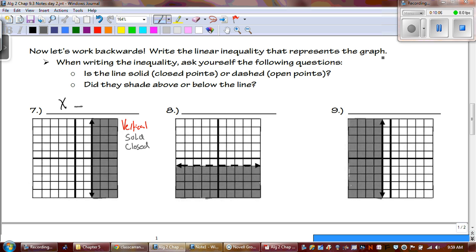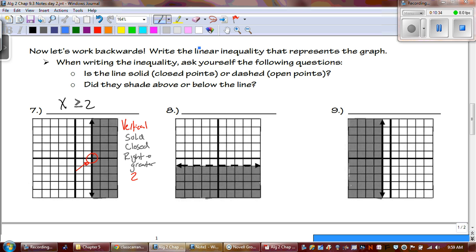Now, did we shade to the right or to the left? We shaded to the right, and that means that it is greater. So we need the greater than symbol. And then the next thing we need to do is look to see where they're at. And that's at positive 2. So we get x is greater than or equal to positive 2.